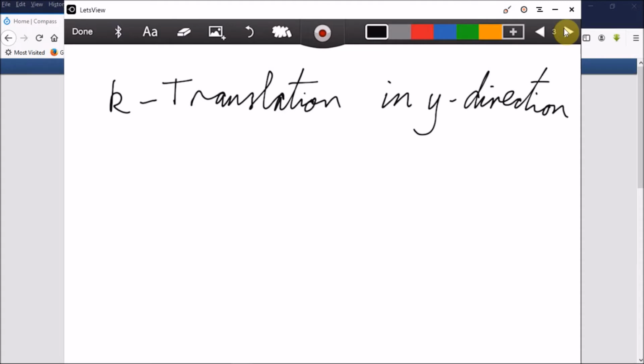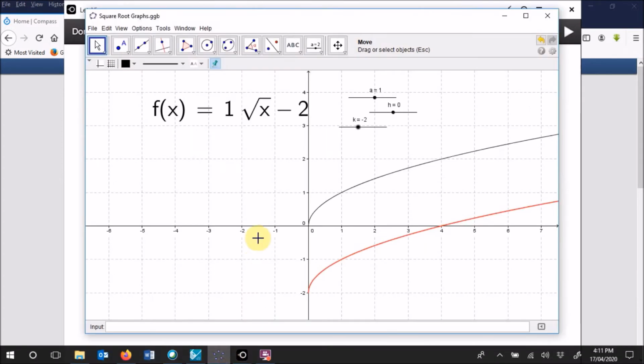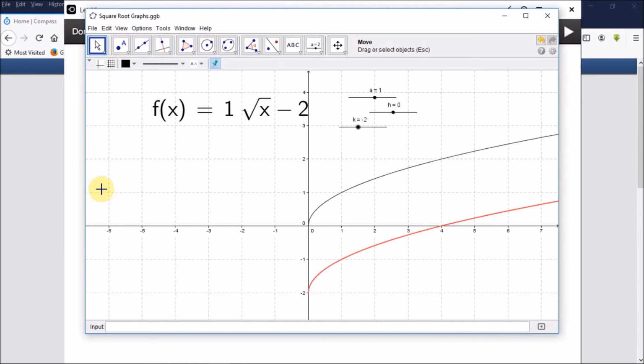So let us now have a bit of a look at an example. But before that, I'll just point that out again. I'm going to point out here our starting point. Our starting point was 0, 0. It's now 2 on the y-axis.